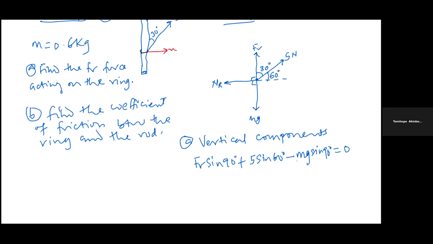So sine 90 is 1. So this will become FR plus 5 times sine 60. Sine 60 will be what? In exact form or in decimal, whichever way you want it, since the question is not saying we should find the exact.